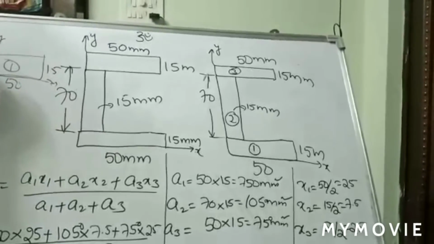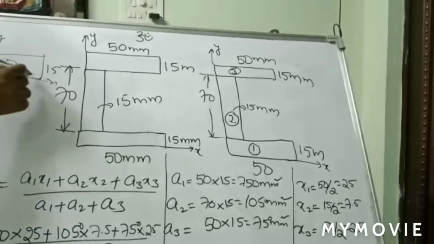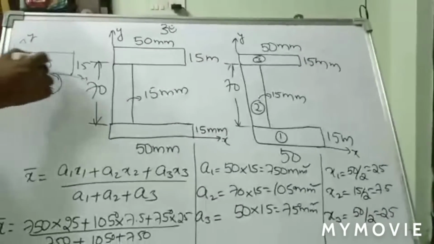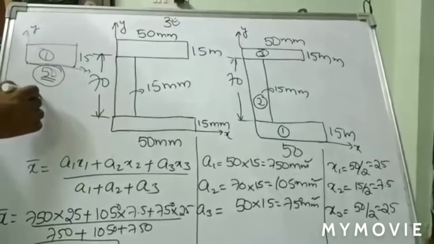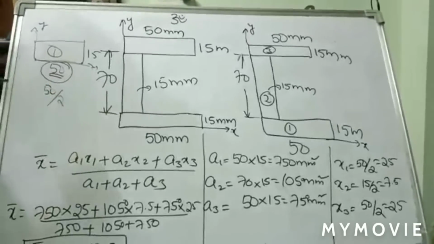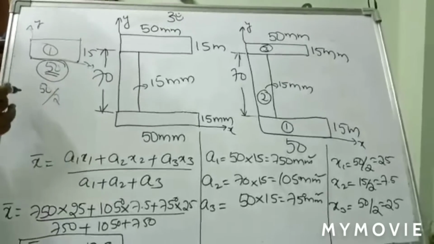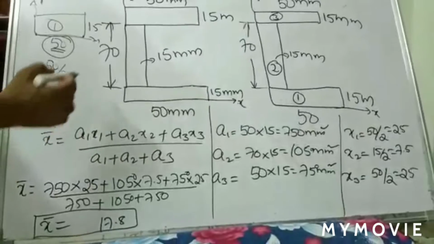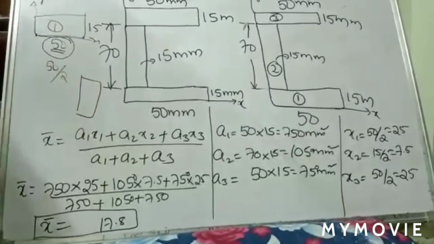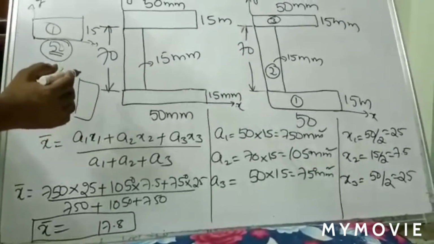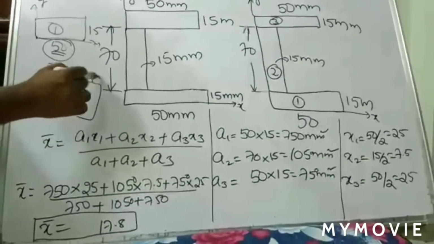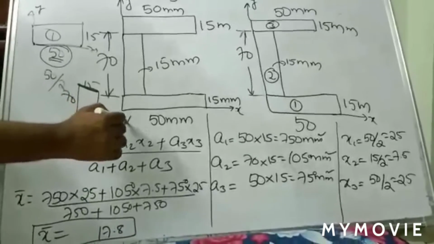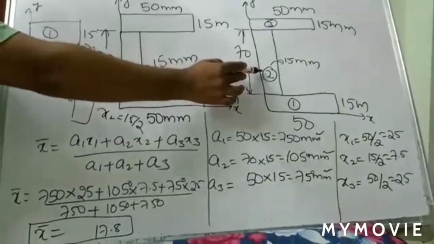We move from the reference axis, and from this point to this point the distance is 50. The centroid of a rectangle block is exactly at the center, so x1 equals 50 by 2. Next take block 2, which has dimensions 70 and 15, so its x dimension is 15. So x2 equals 15 by 2, because it also starts from the reference line.